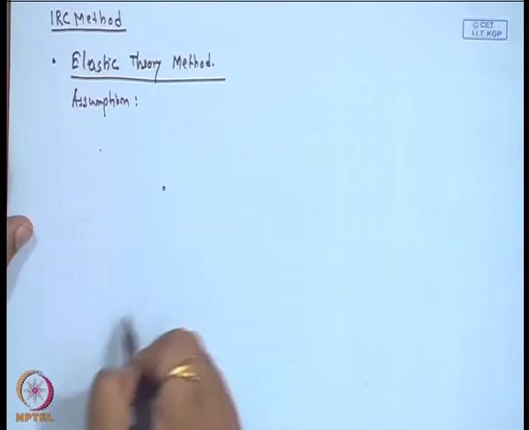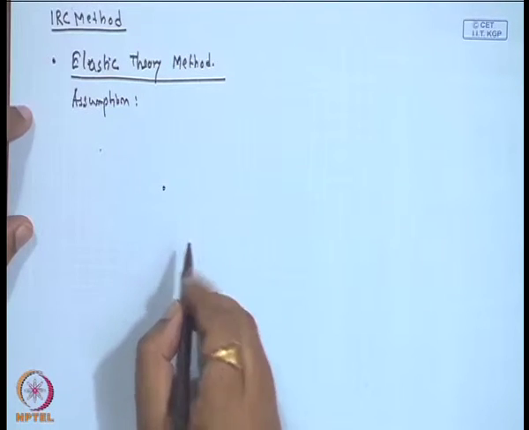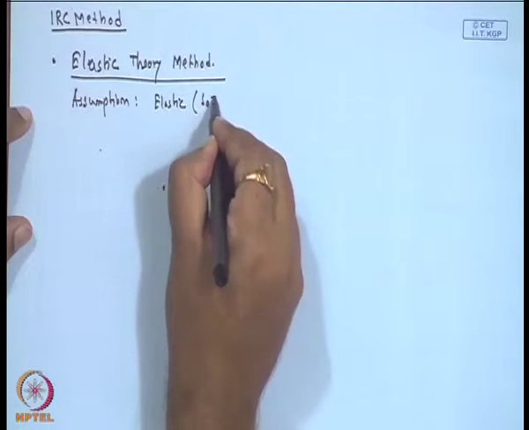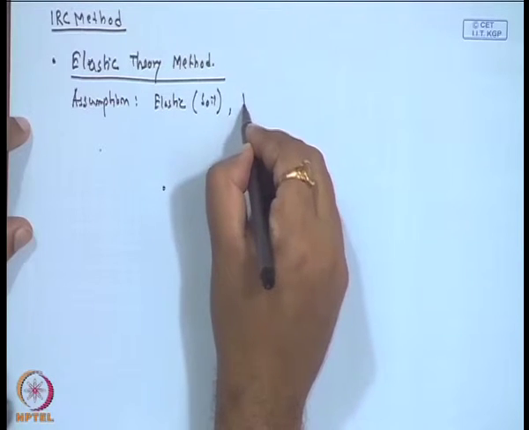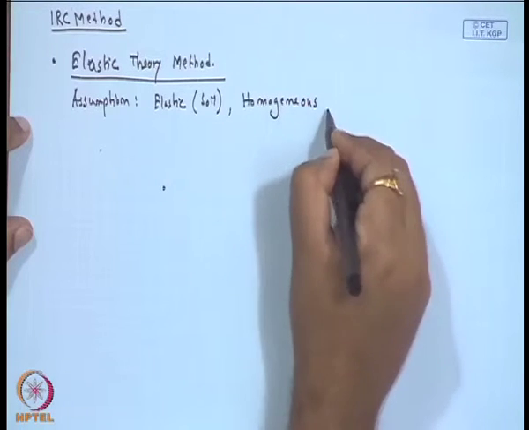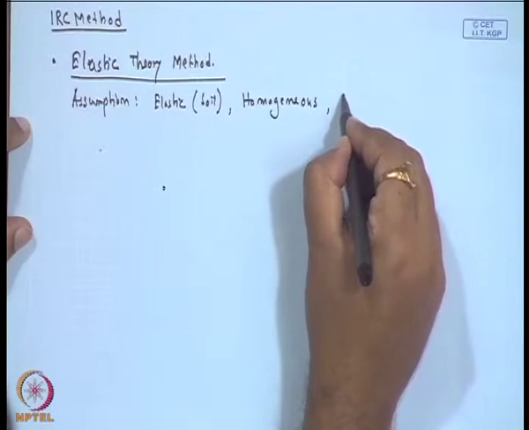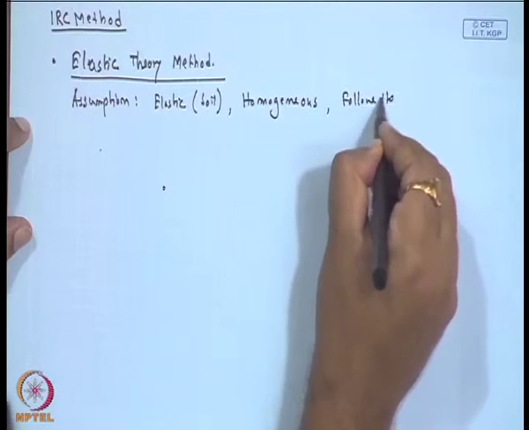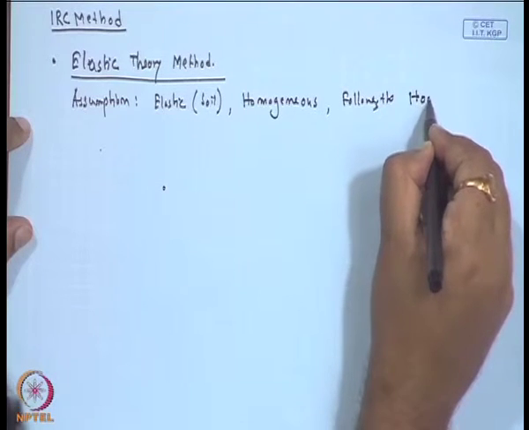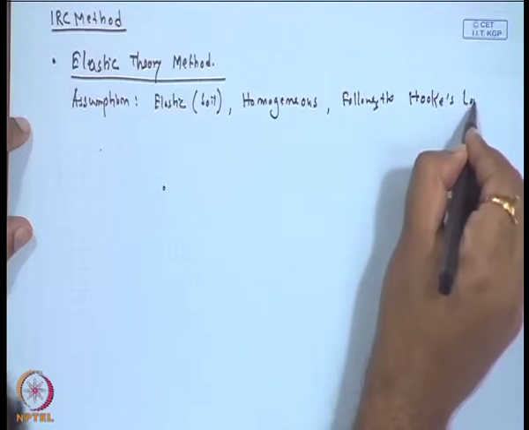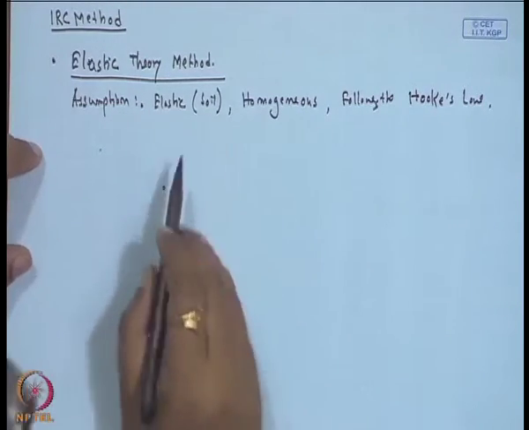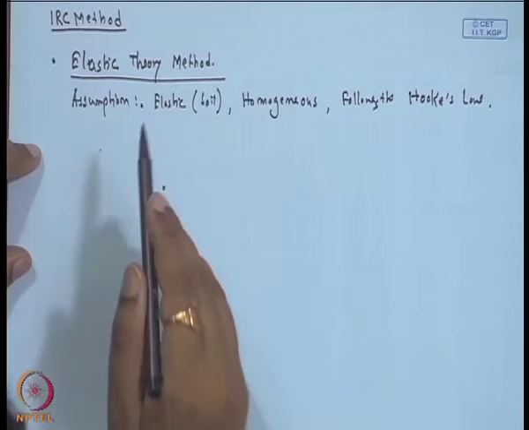That means the soil surrounding the well is perfectly elastic, the soil is homogeneous, and it follows Hooke's law. This is the first assumption.